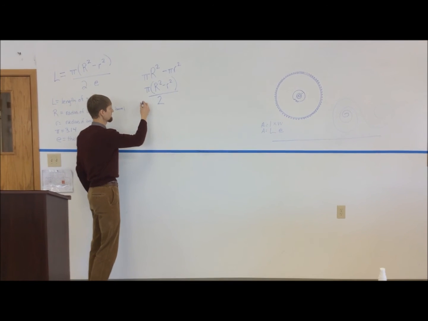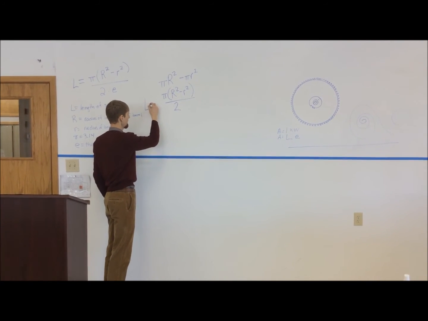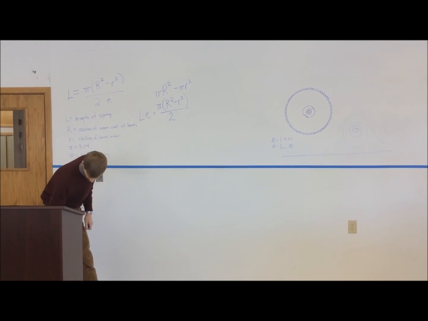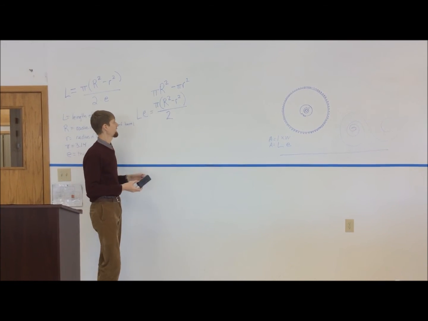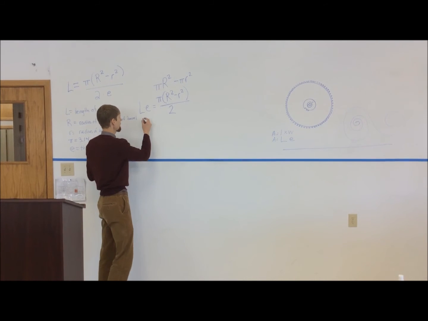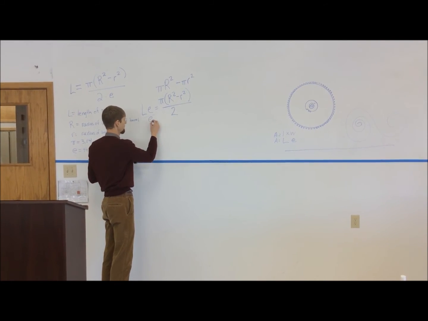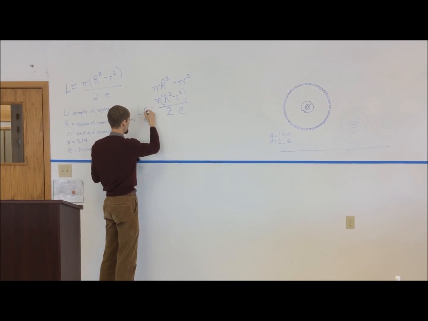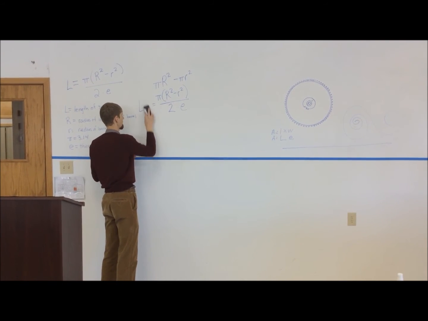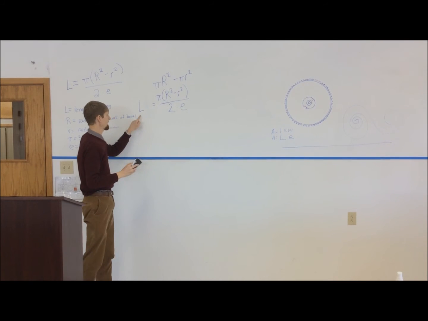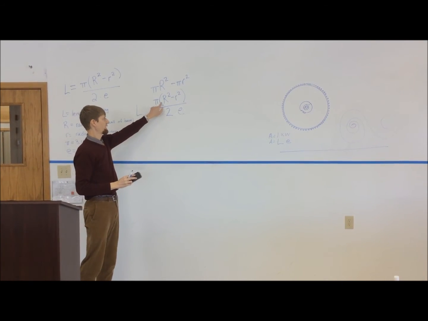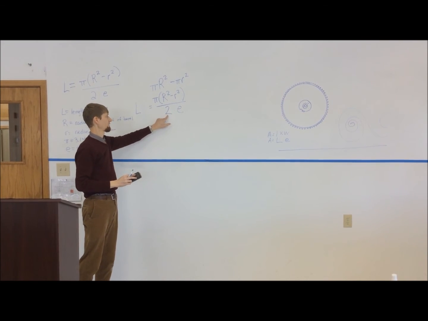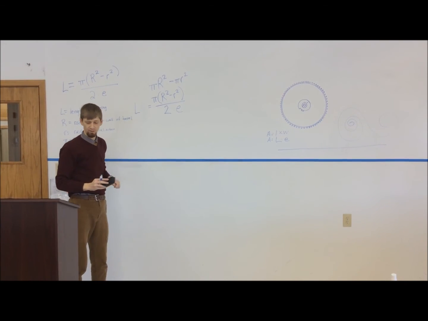So we can take this and say the length of the spring times the thickness of the spring is equal to this formula right here. And if we divide both sides of our equation by the thickness, these two will cancel each other out. And we're left with the length of our spring is equal to pi times the radius of the barrel minus the radius of the arbor squared, divided by 2 times the thickness of the spring.